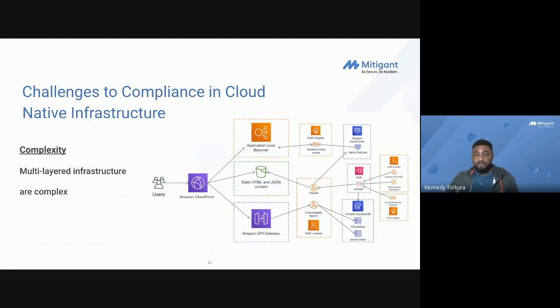So for example, the tool that you use for checking compliance for a Docker image will be different in most cases from the tool that you use for checking Kubernetes, and the one you use for checking compliance for Lambda functions might also be different. So this brings in a lot of complexity, which some teams cannot handle. It becomes a blocker for them to be compliant.